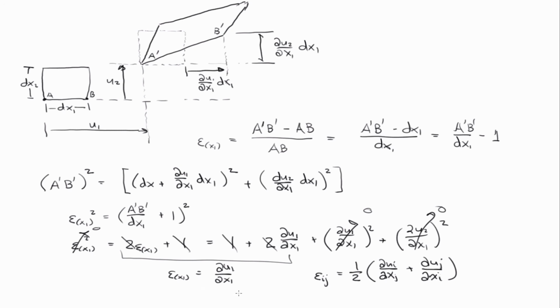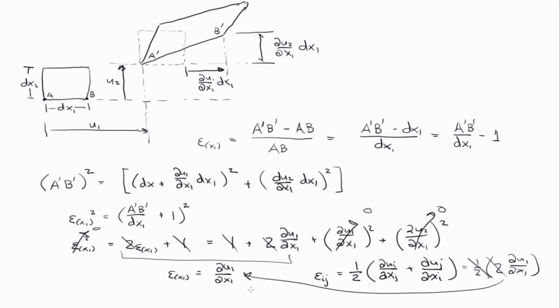Just to be clear, in the 1-1 direction, if I substitute in i equals 1, j equals 1, then I get 1/2 times 2 partial u1 partial x1. The 1/2 and the 2 cancel, and I have partial u1 partial x1, which is what we derived geometrically there.